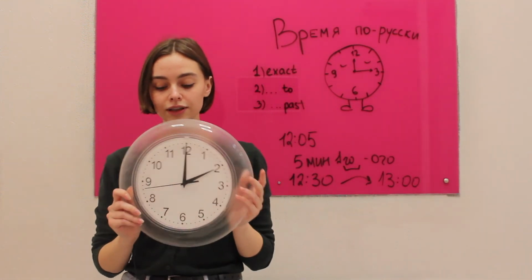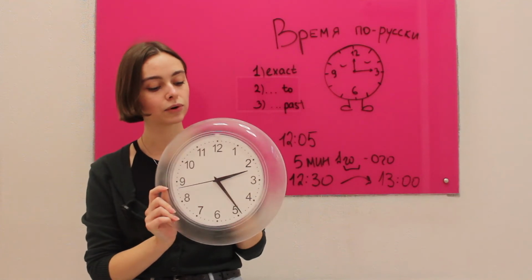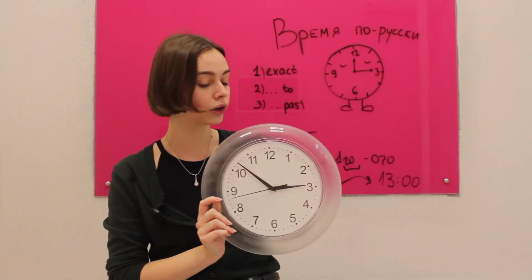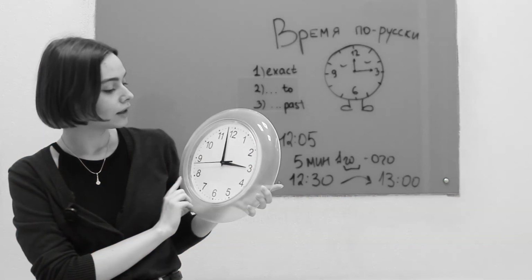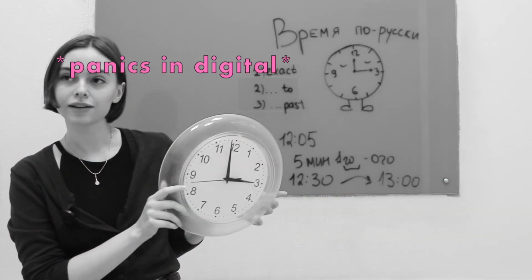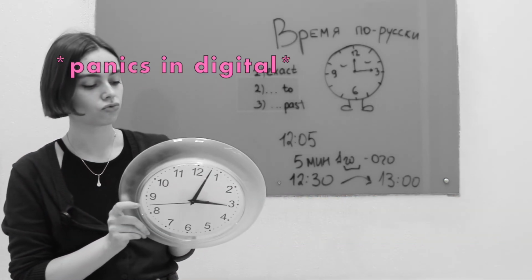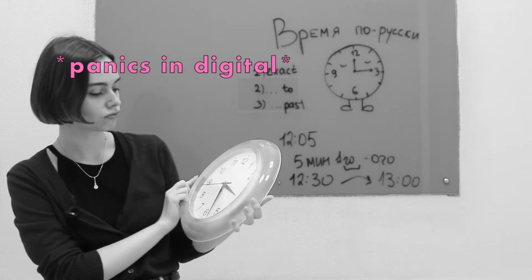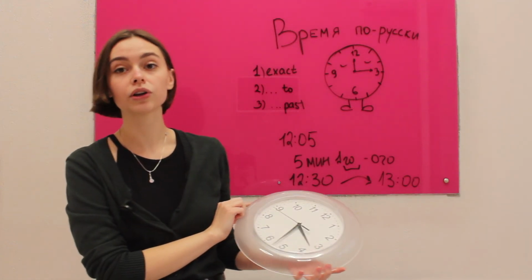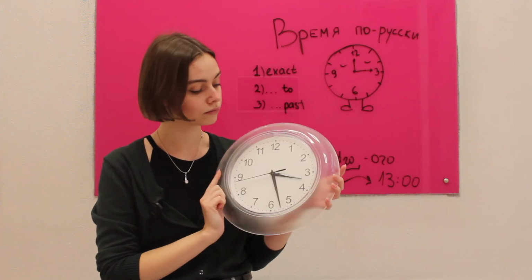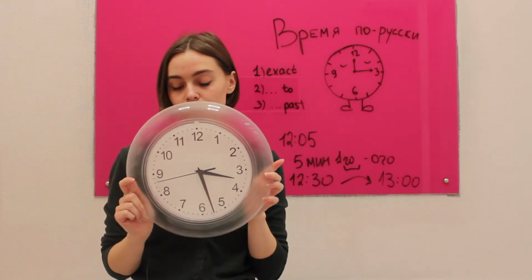And now let's make some examples. We're gonna choose a random time. For example, let's choose this one.